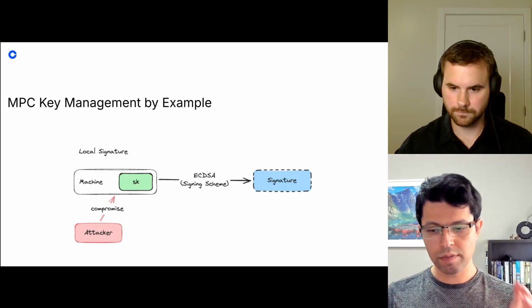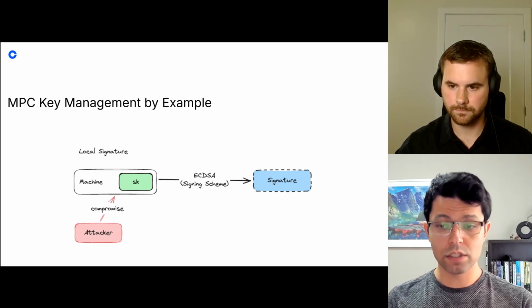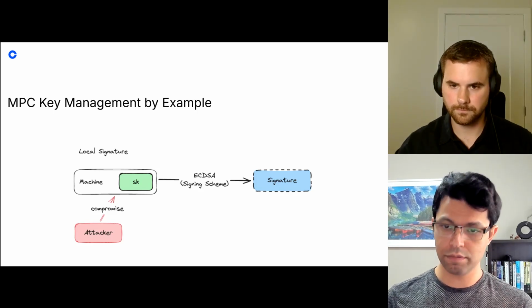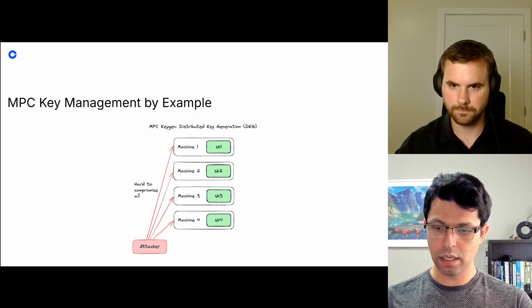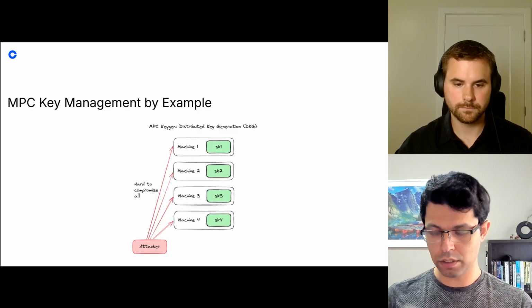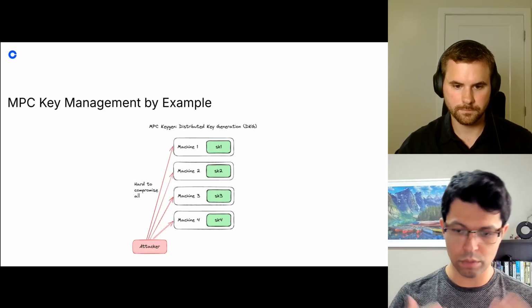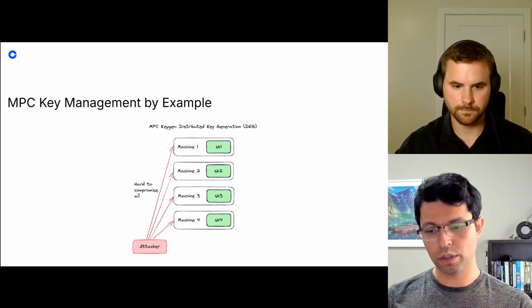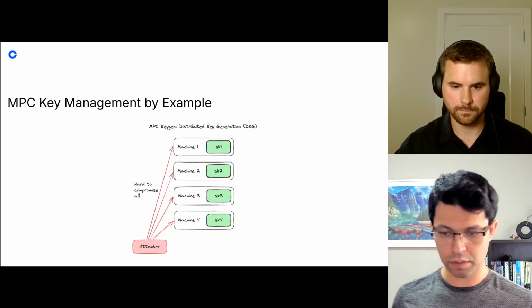So because we have this single point of failure, now we want to distribute it and make it harder for the attacker. So we are going to split that signing key and give different machines different portions of this signing key, or, more cryptographically speaking, we want to give secret shares of the signing key to different machines.